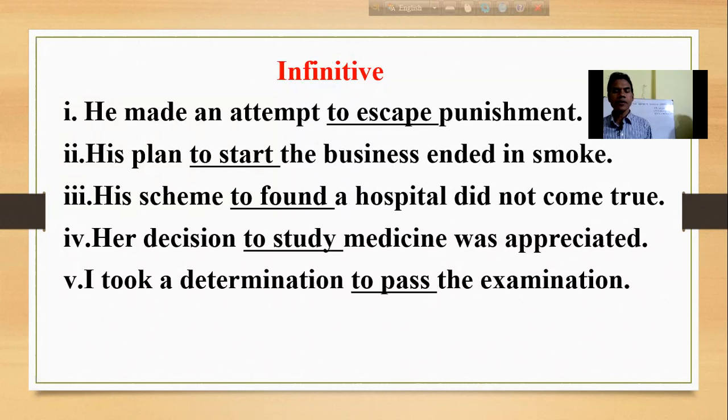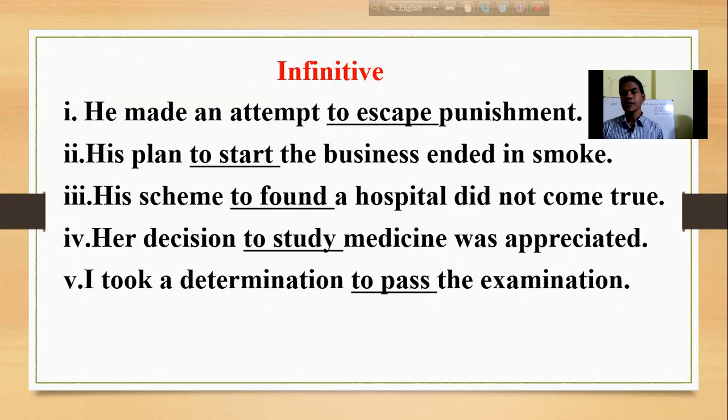Final example of infinitive is, I took a determination to pass the examination. What kind of determination have you taken? To pass the examination. So here to pass gives extra information about determination, takes place after that very particular noun, so it's a post modifier.